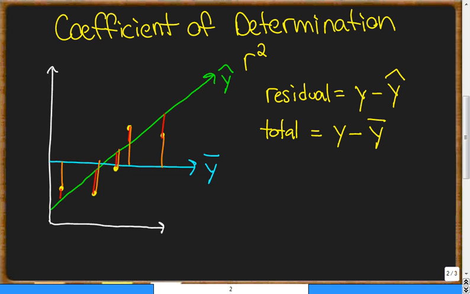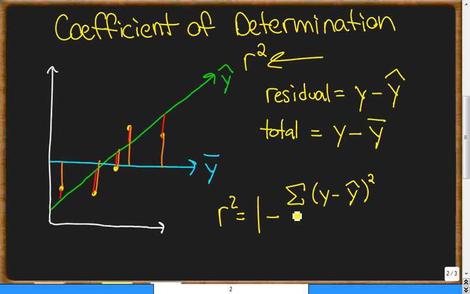Basically, the coefficient of determination, this r squared, is this formula here. Our calculator does a very good job of this, but it's a good concept to understand. This is going to be 1 minus the sum of our residuals squared, which is y minus y hat, divided by the sum of total squares, which is y minus y bar.